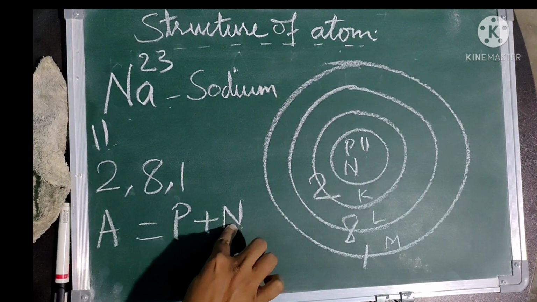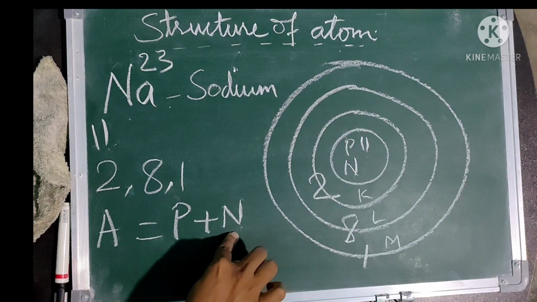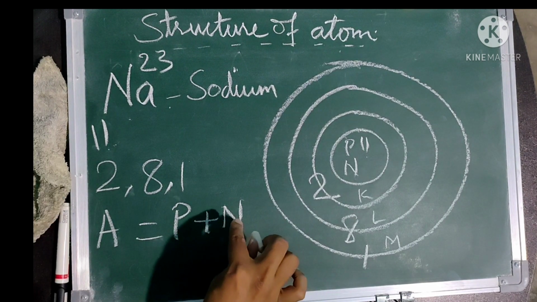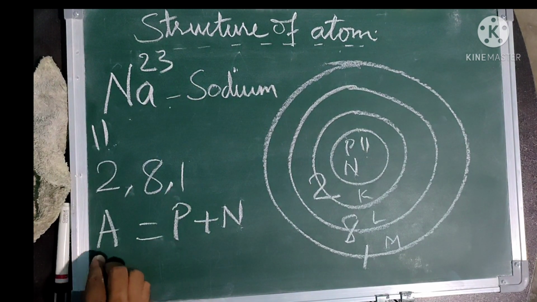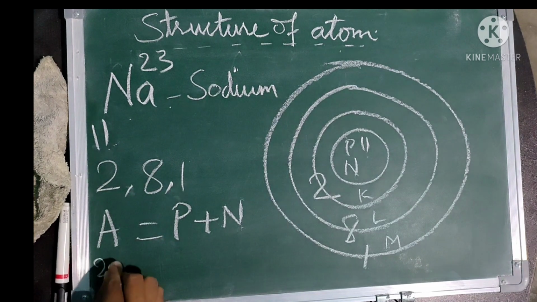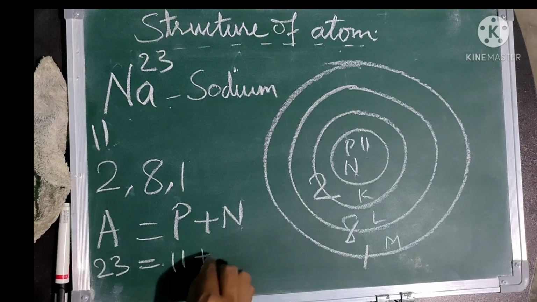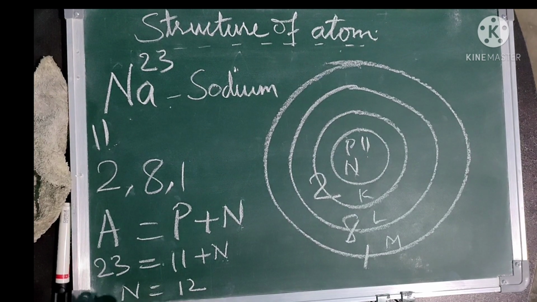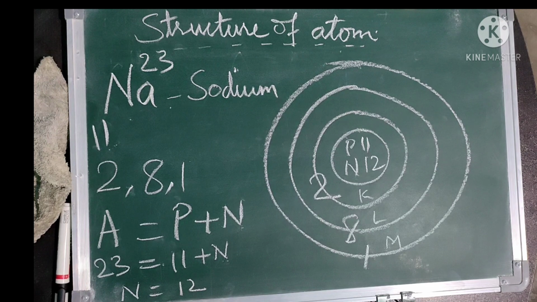So if we want to know the number of neutrons, we have here the mass number, that is 23, is equal to protons 11 plus neutrons, so we can get number of neutrons, that is N is equal to 12 here in the case of sodium atom. So this way we can depict the structure of atom.